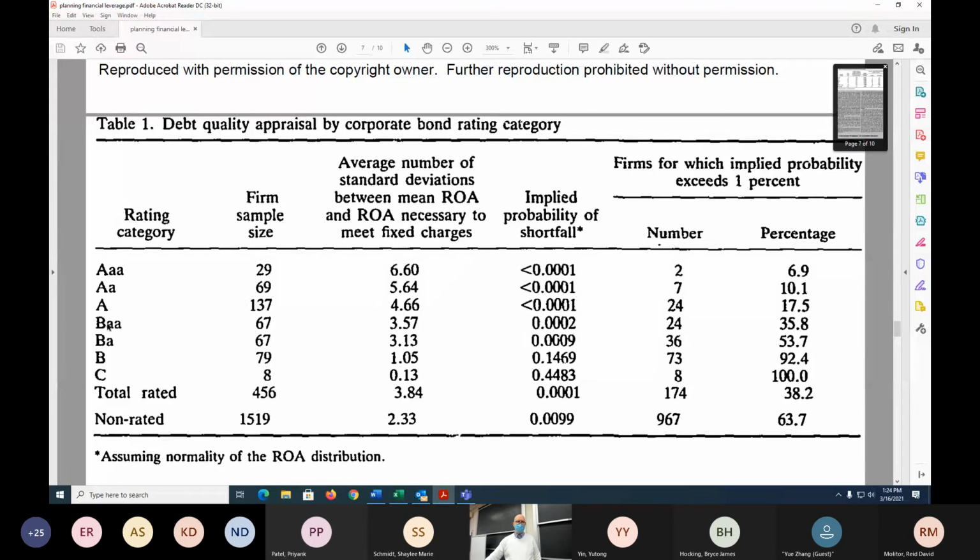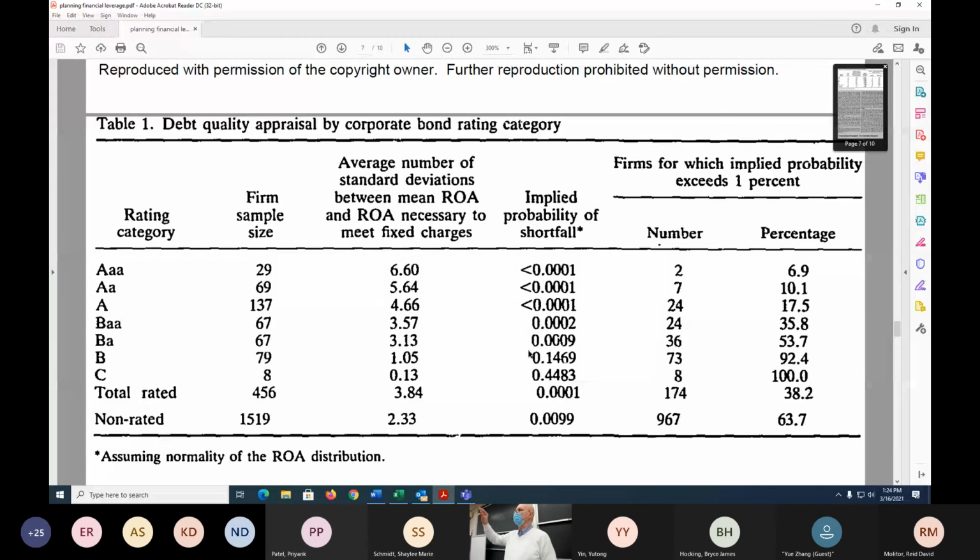And then you go to BAA. It's still not bad, but anyone remember what's the significance of BAA? What happens when you fall below BAA? And if you look at it, a B single A still isn't bad, it doesn't seem bad, does it? It's less than 1%.